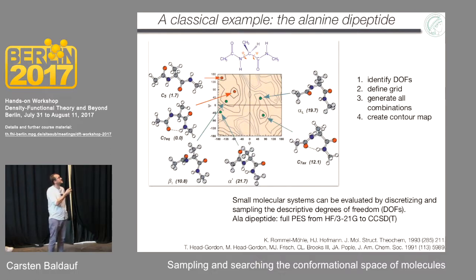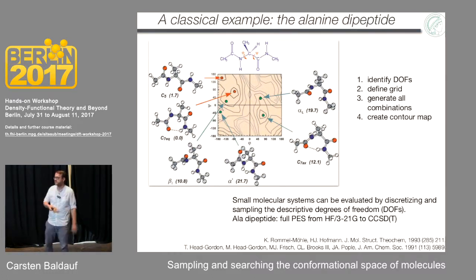This here is, let's say, a classic. It's the alanine dipeptide, which has two defining torsion angles, phi and psi. And you can sample them completely, essentially. You first identify these two dominant degrees of freedom. Then you discretize them, for example, in a 5, 10, or 30 degree step.